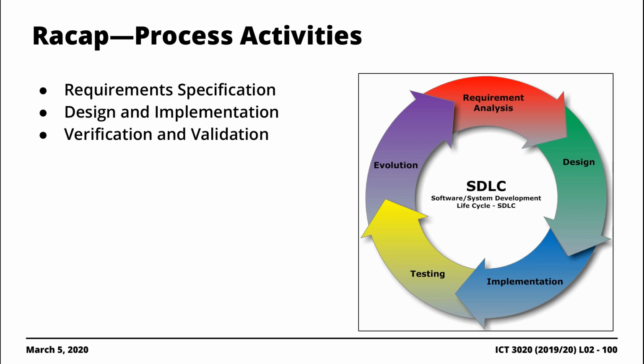So programmers testing or verifying that the source code that they have written actually functions as expected. And then finally, we went through and discussed at length the software evolution process. So hopefully all this makes sense.